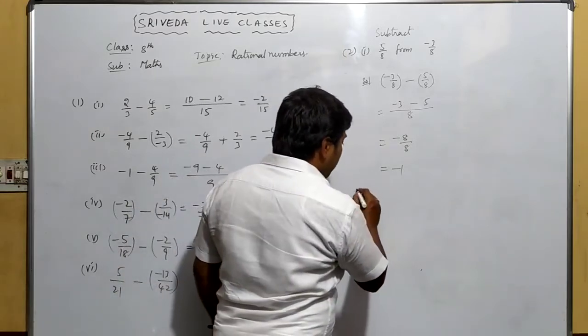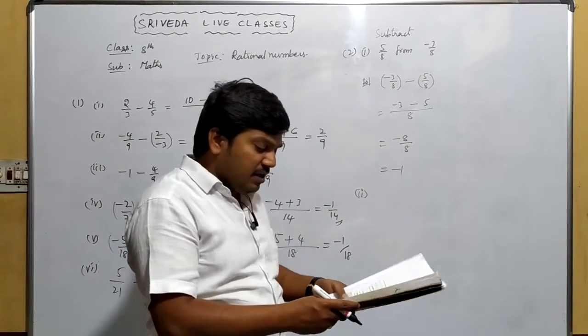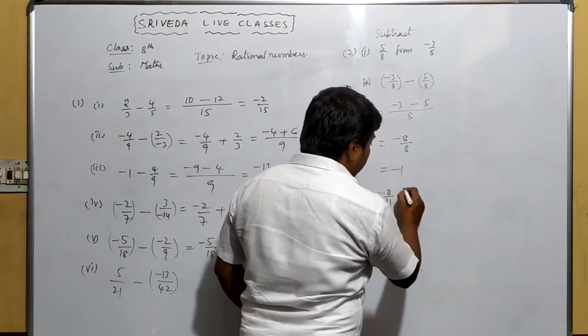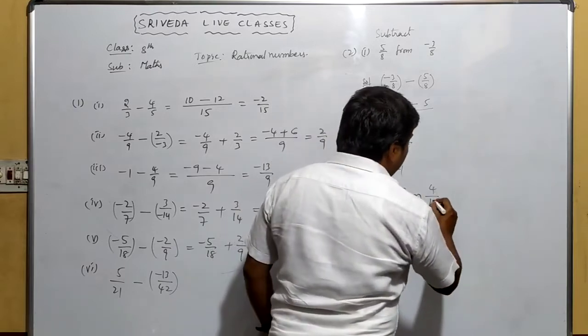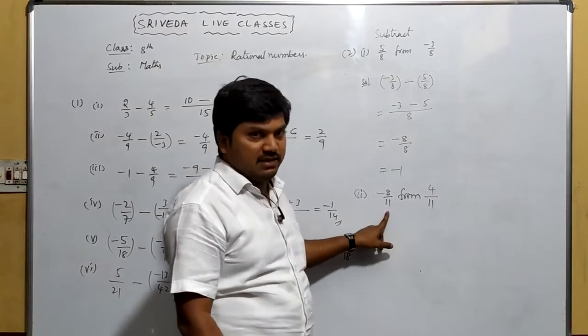Next, see the second one. Subtract minus 8 by 11 from 4 by 11. From this 4 by 11 we need to subtract this, right?